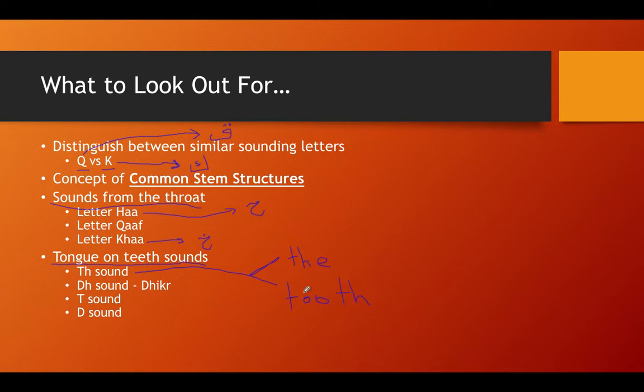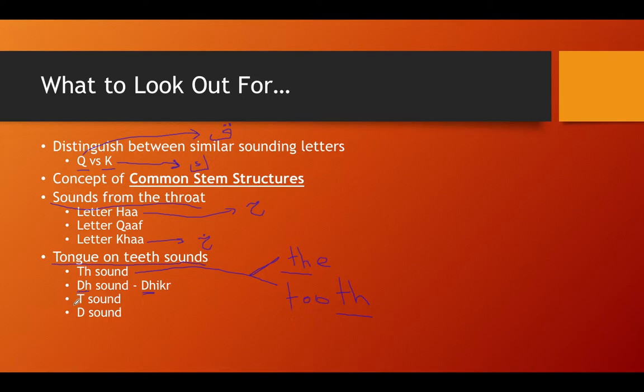The next sound is the DH sound, as in dhikr, remembrance of Allah. That's what dhikr means. The sound of dhikr is pretty much the same as the TH sound in the English word the. You can debate that this sound is very similar, but you don't have to worry about that too much.